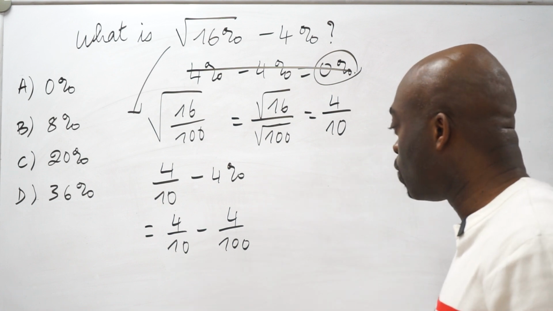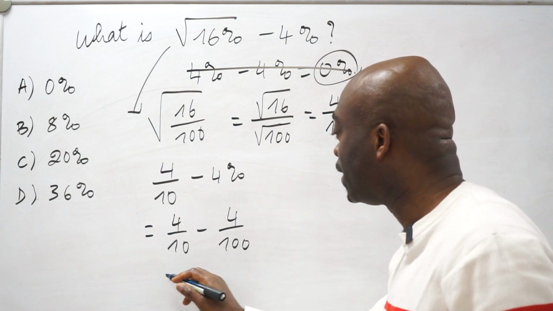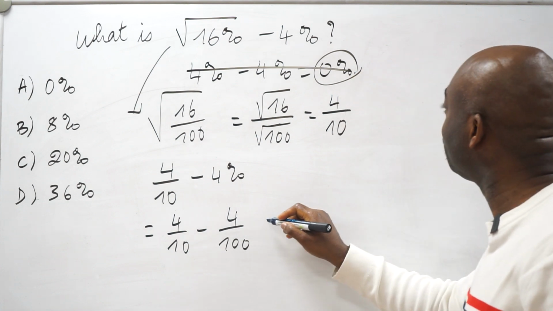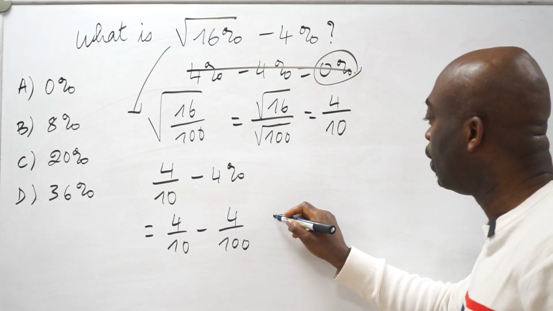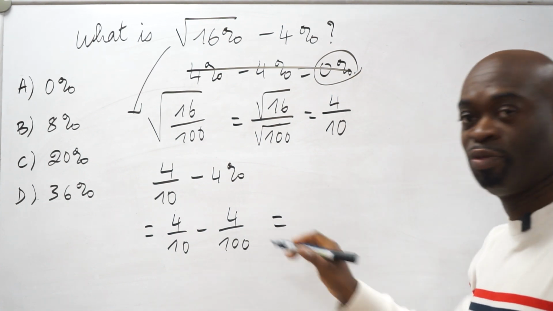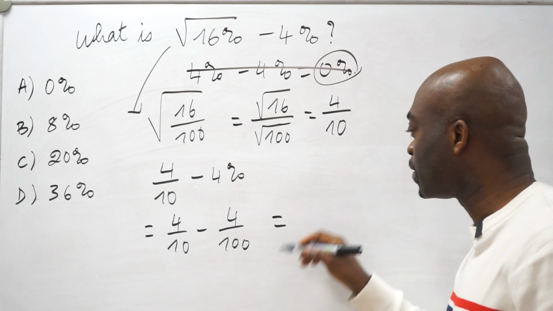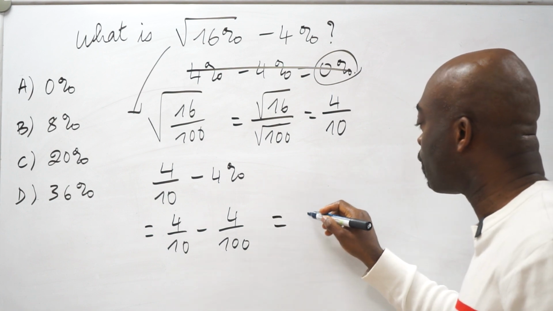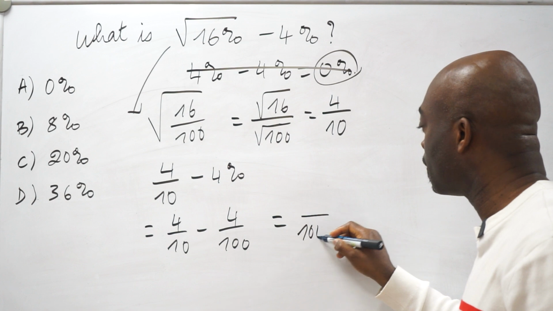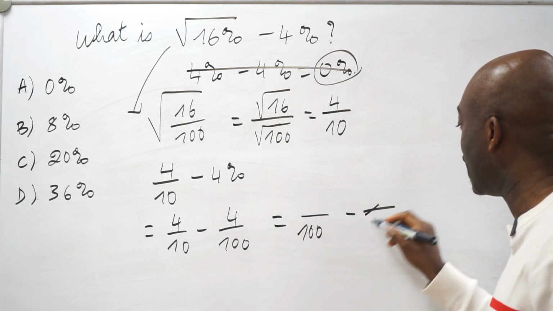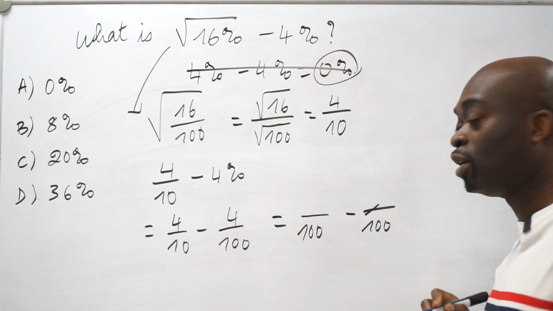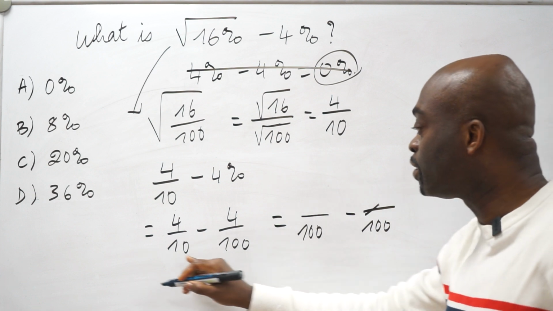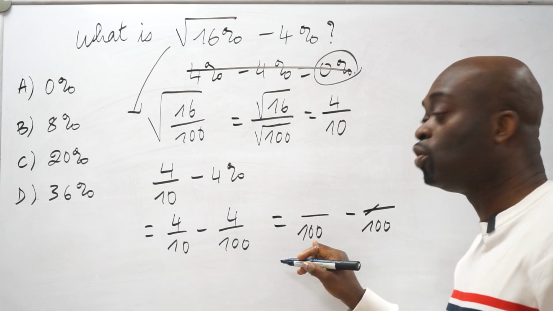So if that's our lowest common denominator, what's going to happen then? This will give us 4 over 100 minus 4 over 100 underneath, because we said that's the lowest common denominator. So how did we get from 10 to 100?